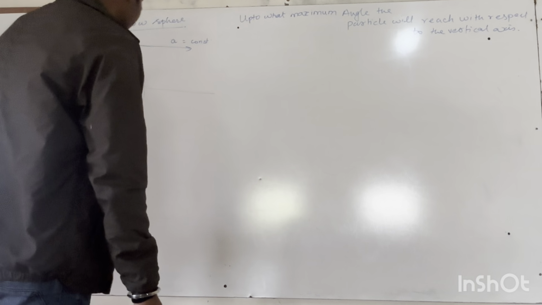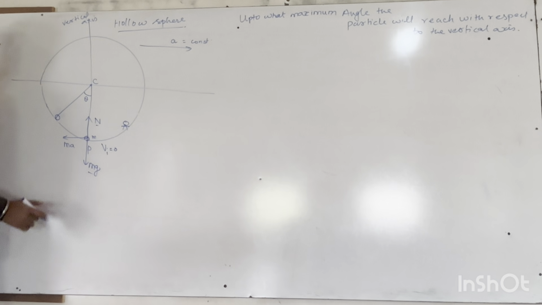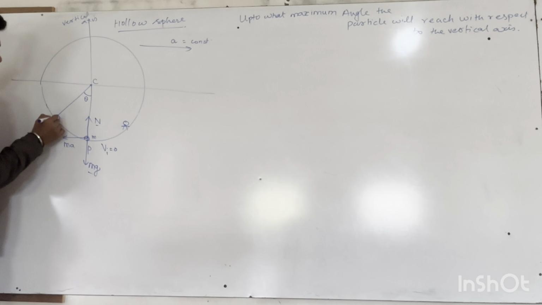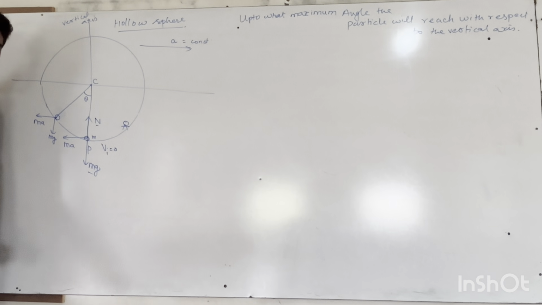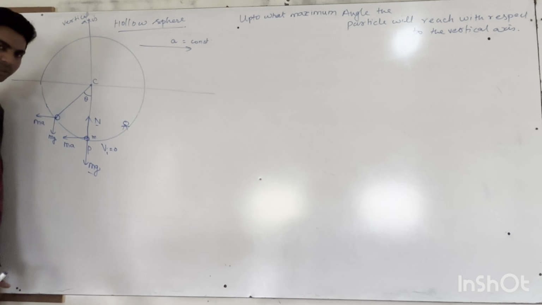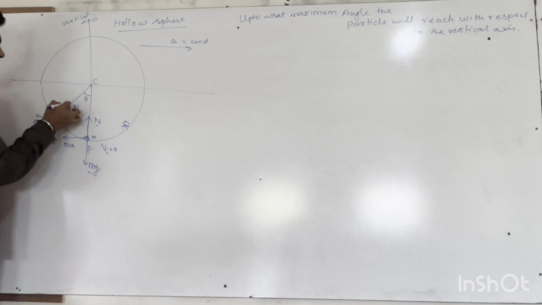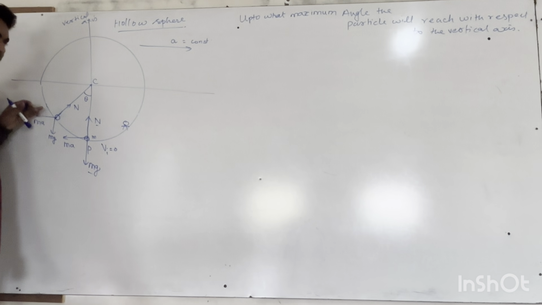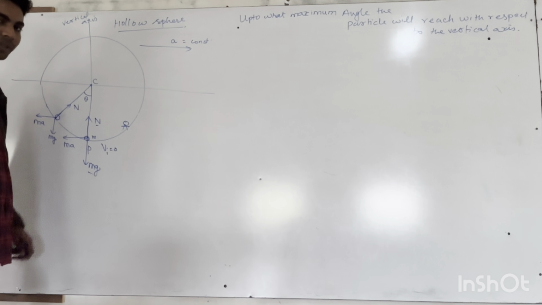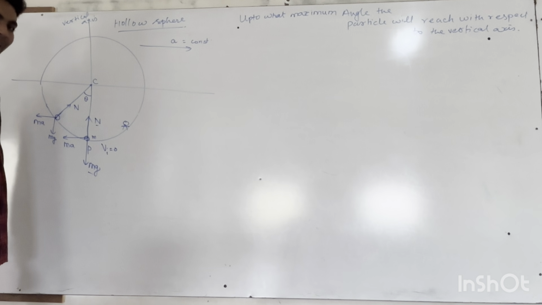Okay, let us discuss. At this moment, the force mg will not change. The force ma will also not change. These two forces are constant. The normal will change its direction towards the center of the hollow sphere because of the curvature of the spherical surface on which the particle is moving.